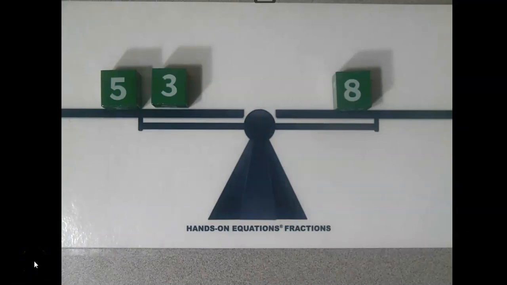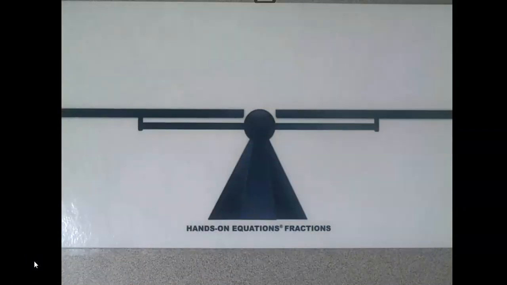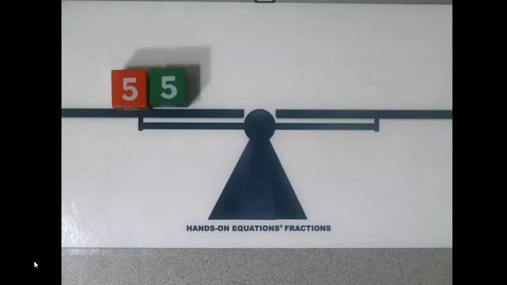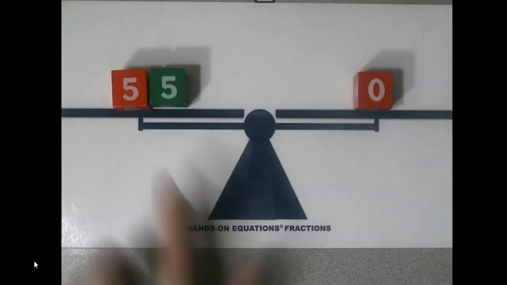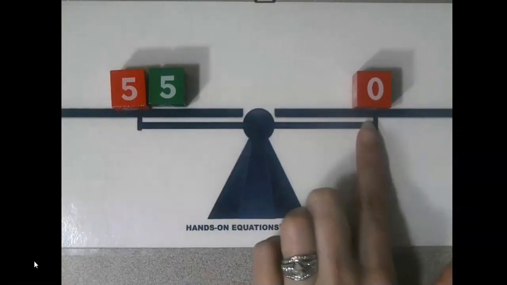In some equations, we will see both of the colored number cubes. So if I was given a red number cube and a green number cube, both with 5s, my total would be 0. These cancel each other out. And we can think of that if I made $5 and then I spent $5, I have nothing left.